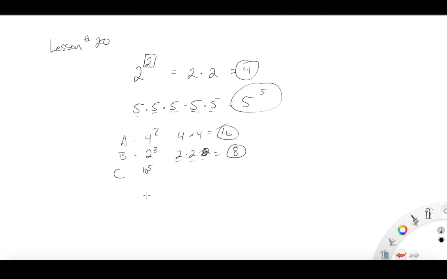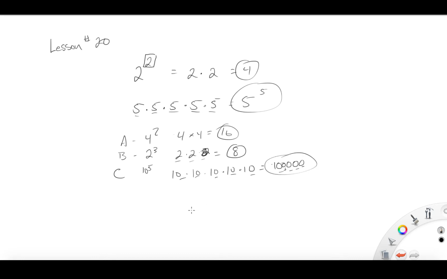Well, if you write it out, 10 times 10 times 10 times 10 times 10, all these are being multiplied. What I like to do, we know it's going to be a 1, and then I count zeros, and if there's 5 zeros, it's 100,000. Should be an extra 0 there, sorry. 1, 2, 3, 4, 5 zeros.